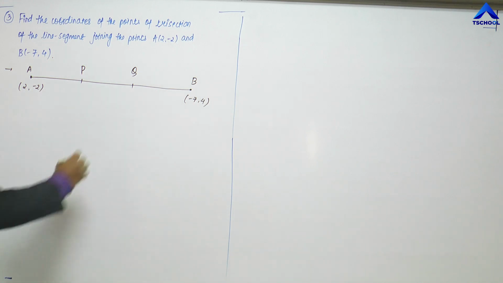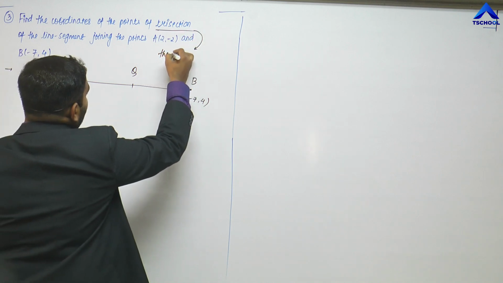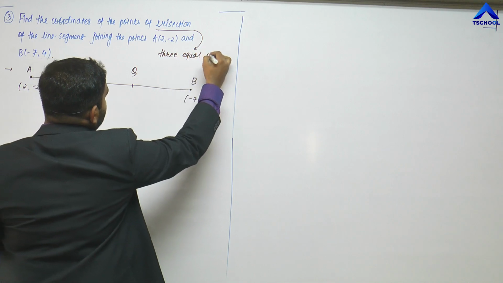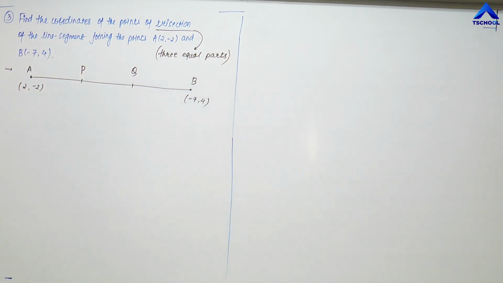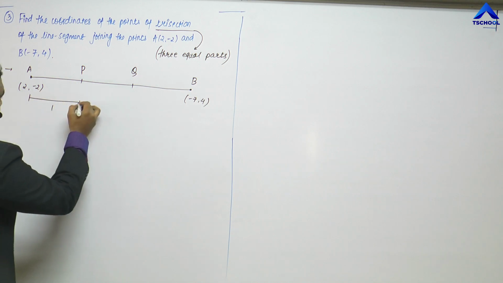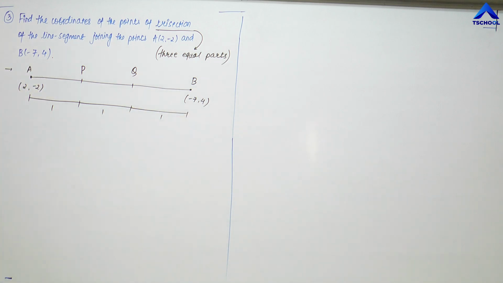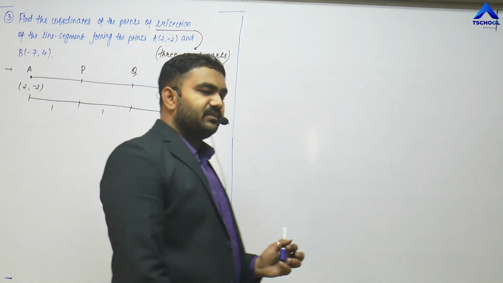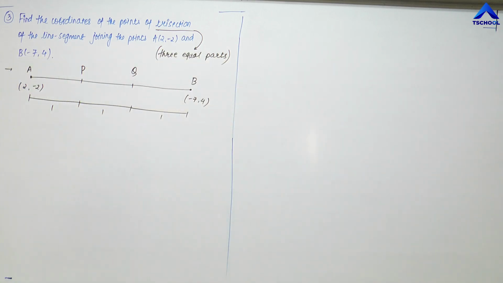And as it says trisection, that means 3 equal parts. What does trisection mean here, friends? It is 3 equal parts. Okay. So as these 3 parts are equal, you can say that this part here will be 1, this also will be 1, and this also will be 1. Then what can you say about the point P?